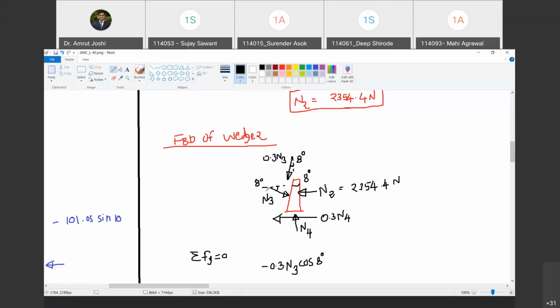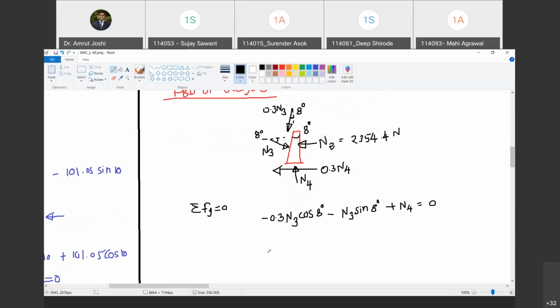Then N3 minus N3 sine of 8 degree. Happy? Yes, sir. Sine of 8 degree. What else is there? Plus N4. Happy? Yes, sir. This has to be equal to 0. Agreed? Yes, sir.